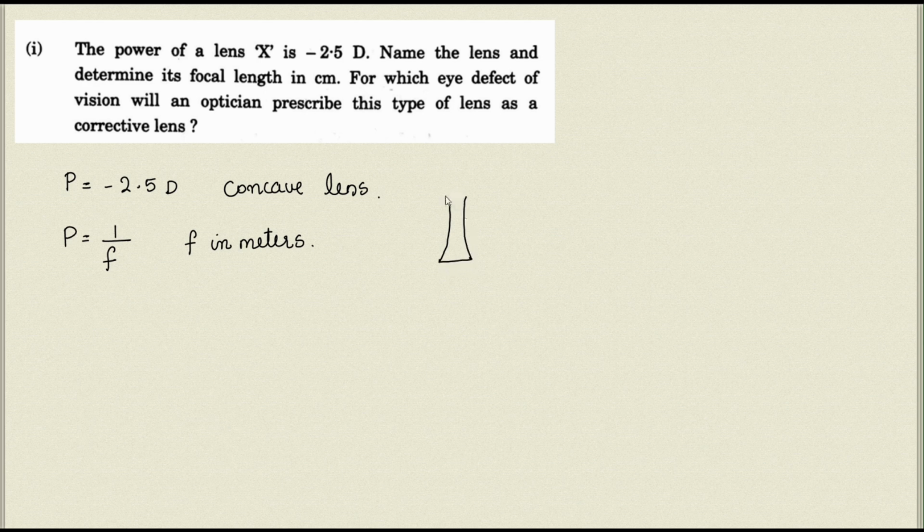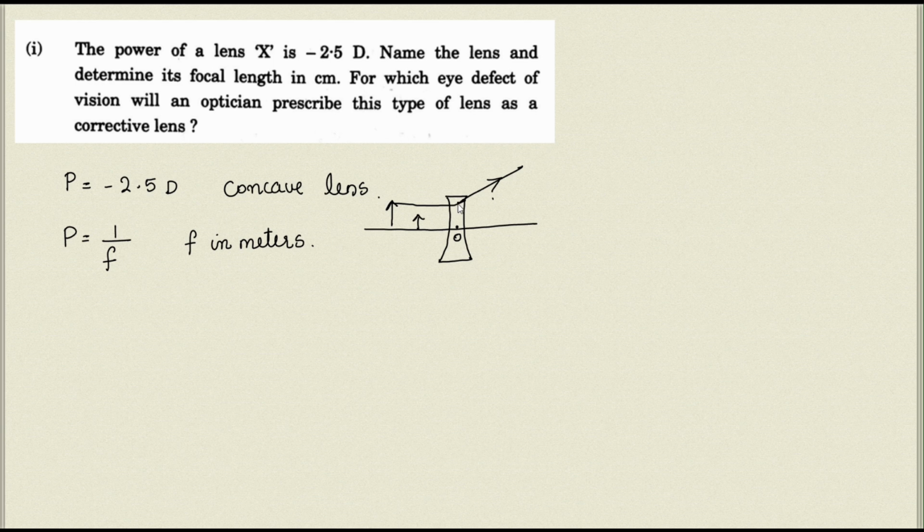Now, how can we say the focal length of a concave lens is negative? Because a concave lens has a virtual focus. So, if this is the concave lens, this is its optic center, and this is the principal axis. If the object is on the left of the optic center, the image will always be formed to the left of the optic center only, because the light rays are being diverged by the concave lens, isn't it?